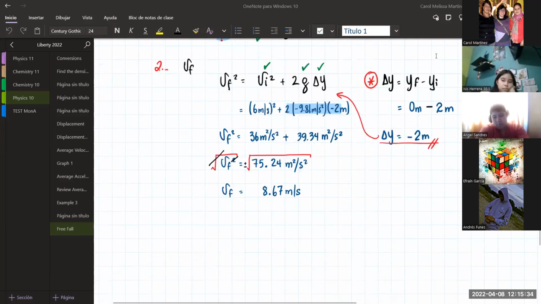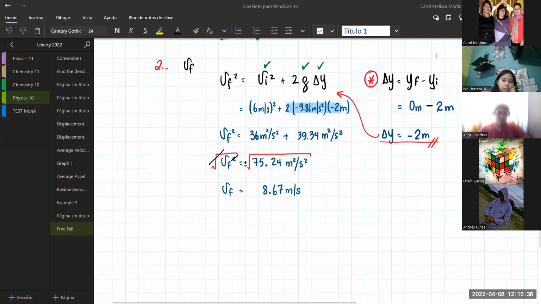So even though here we always obtain a positive value, we're going to write the direction of the velocity, which in this case is negative. Why? Because the volleyball, before it strikes the floor, is going downward. So we choose the negative result, because the volleyball is going downward.